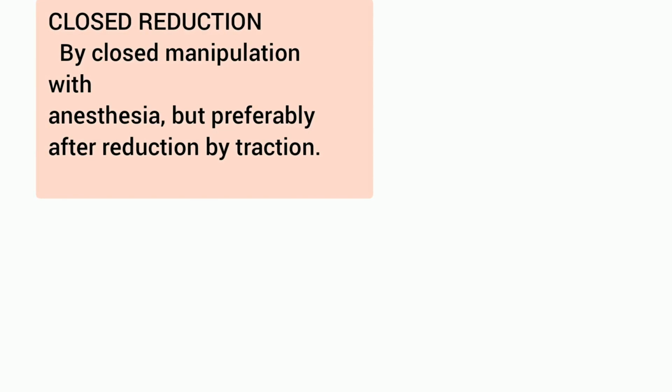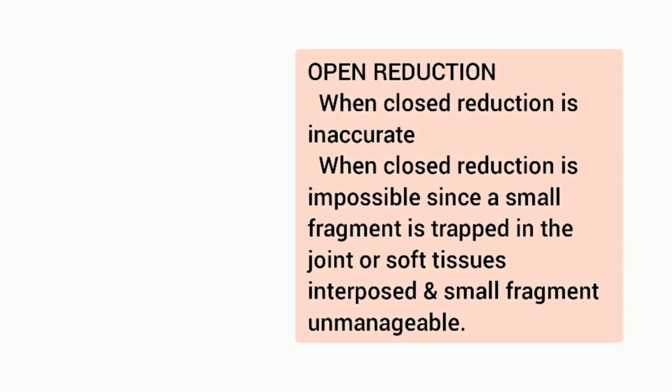Reduction, whether it is closed reduction or open reduction. Closed reduction is by closed manipulation with anesthesia, preferably after reduction by traction. Open reduction is done when closed reduction is inaccurate, when closed reduction is impossible, since a small fragment is trapped in a joint or soft tissues interposed, and when the small fragment is unmanageable.